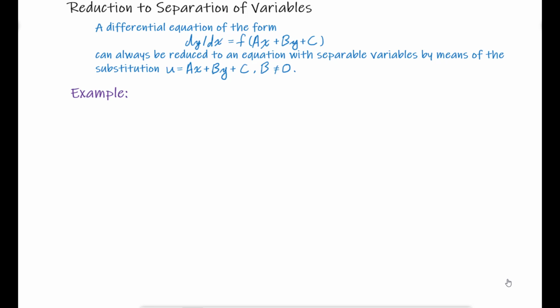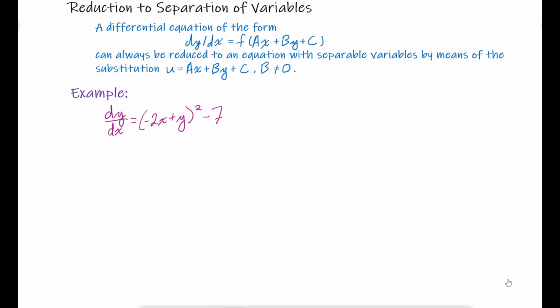So when we have a differential equation of the form dy/dx equals f of ax plus by plus c, we can reduce it to an equation with separation of variables by means of the substitution u equals ax plus by plus c, whenever b is not equal to 0. So let's take a look at an example of this substitution.